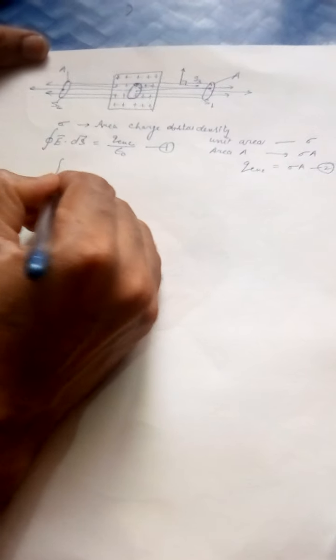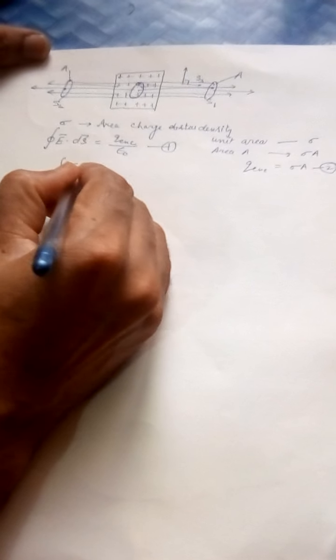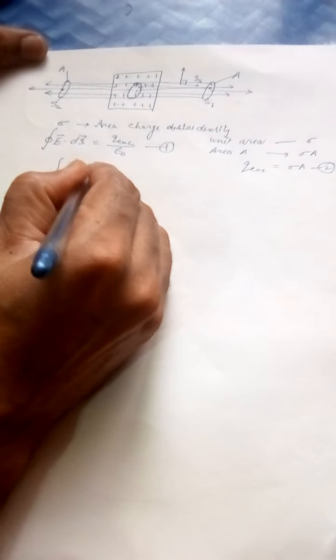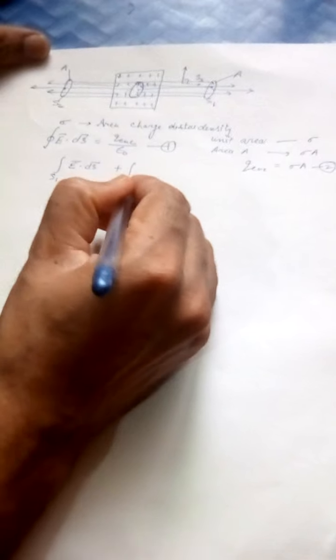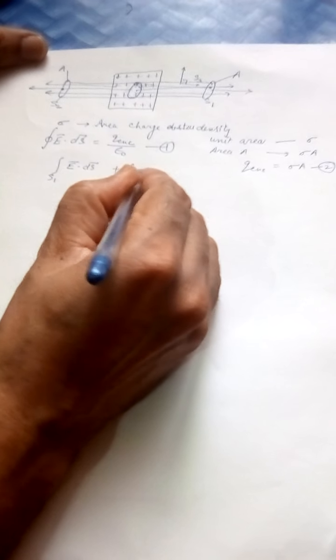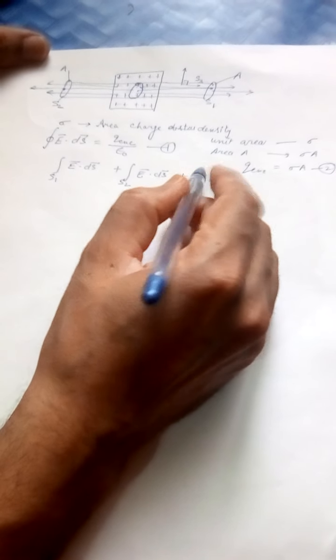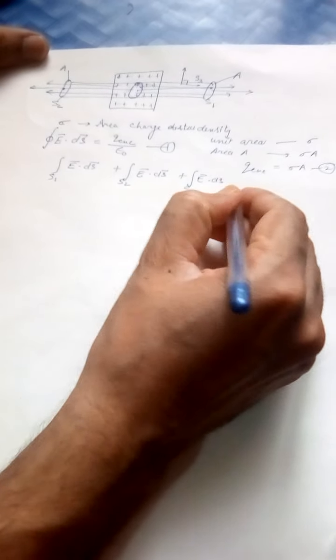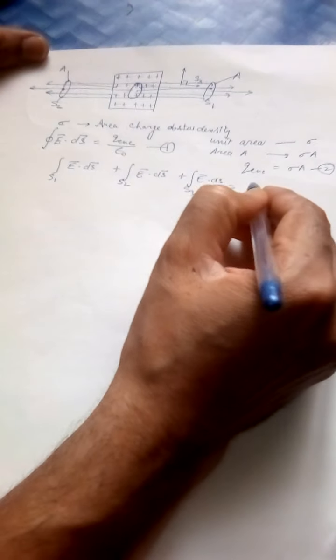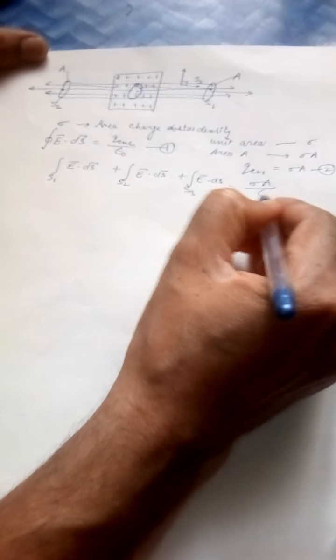Now we will start to solve the integration. This closed surface can be divided into the first surface, second surface and third surface, and this is equal to Q enclosed, which we have already written, so I am writing directly sigma A by epsilon naught.